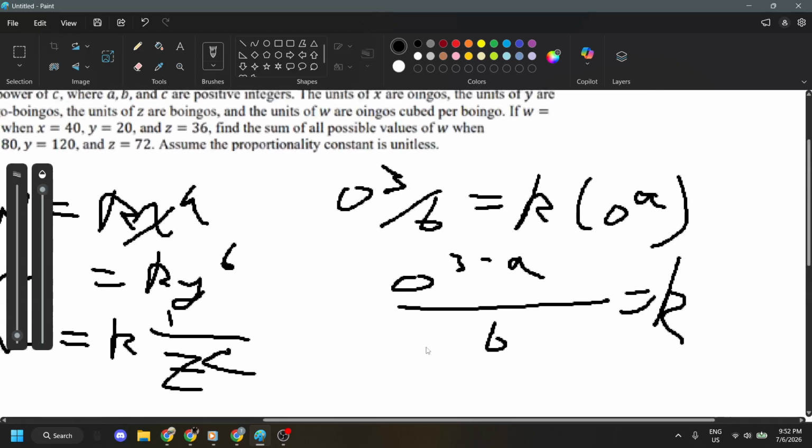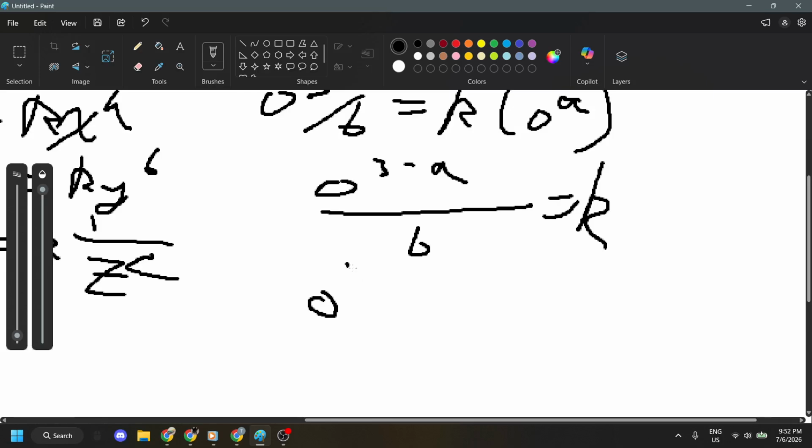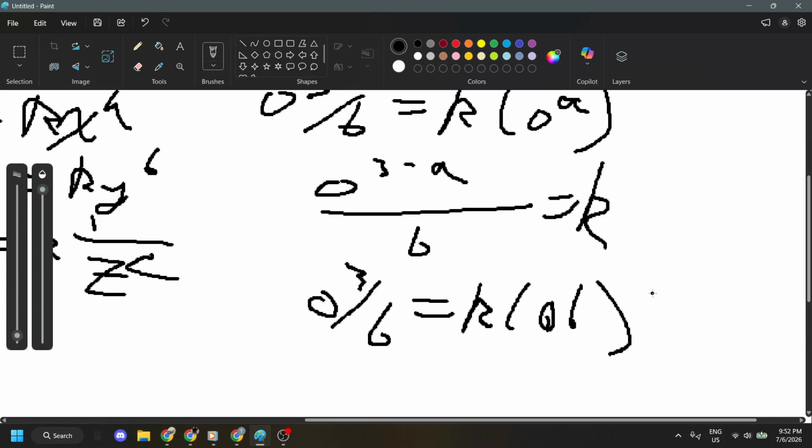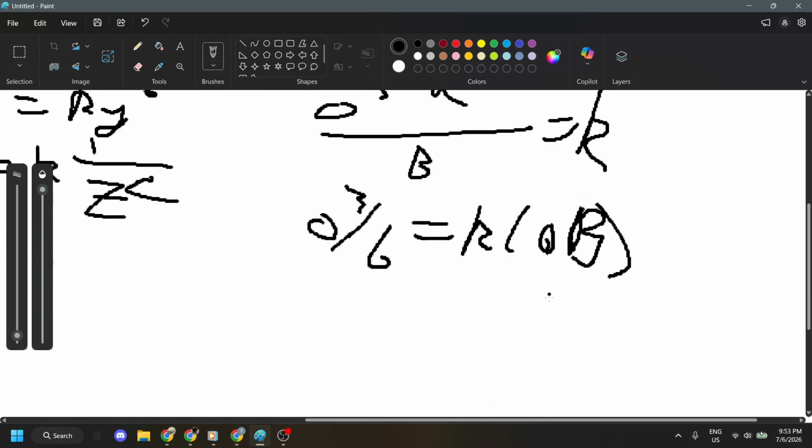Okay, let's look at y. Y is oingo-boingos. Oingos cubed per boingo is equal to k times oingo-boingo to the b. I'm gonna use capital B for boingo. Oh, okay.